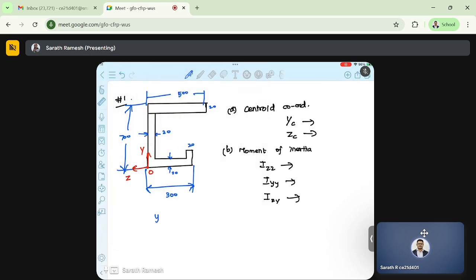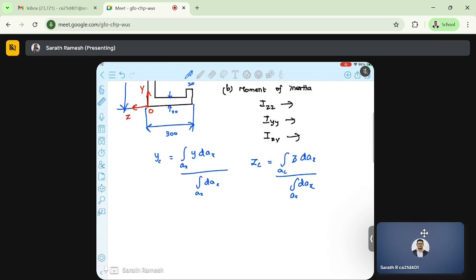The centroid coordinate yc is given by the integral of y dA divided by the total area, and similarly zc is the integral of z dA divided by the integral of dA. This is just coming from the moment of area of the individual cross sections.